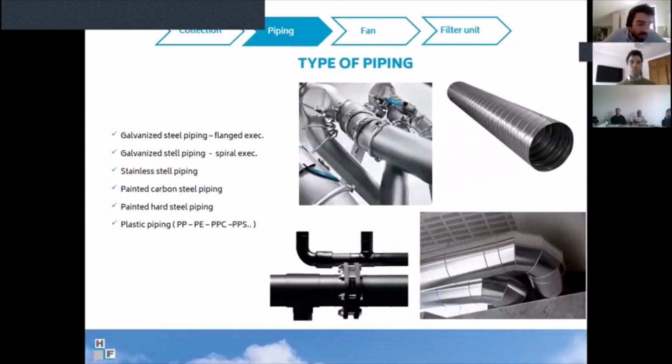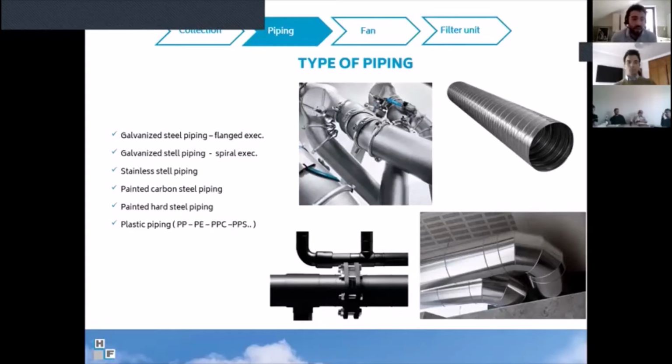From my point of view, but I think Saverio can suggest the same, we usually suggest not using spiral galvanized piping for dust but also for oil. This is because the sealing is not guaranteed, and the risk of leakage or damage is very high due to the construction form.